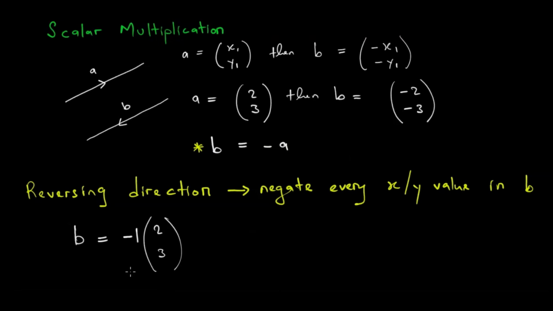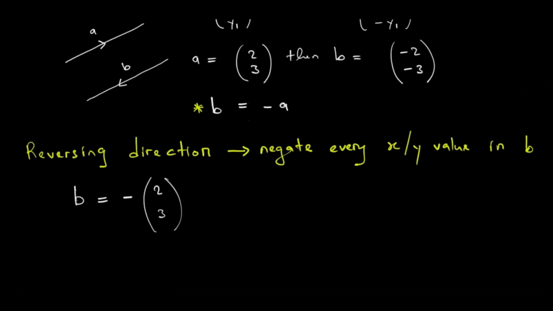As you remember from algebra and other topics, kana tikati minus A, for instance, tiri kuti minus 1 times A, but hatinyori tichidaro because 1 is an identity number. Saka tinogona kunyora kuti minus 1 kana kungonyora iri minus.